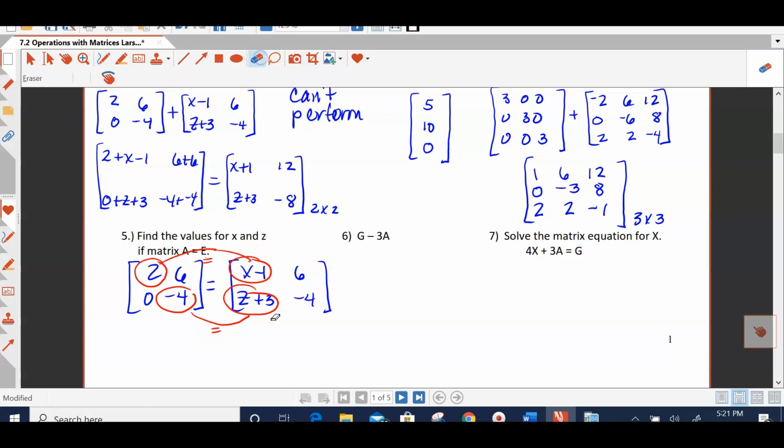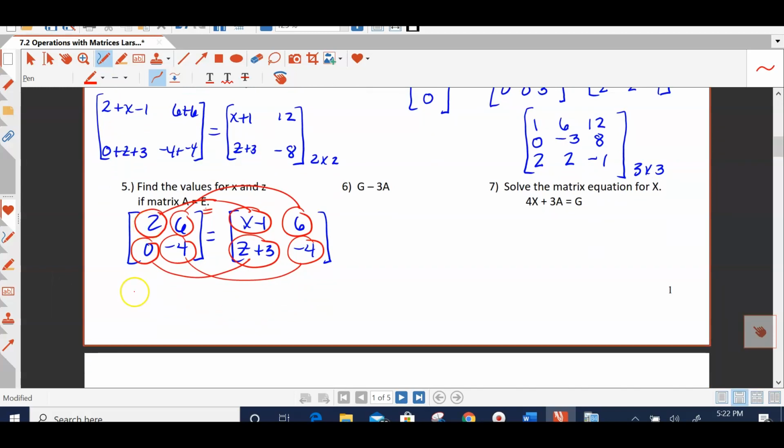Excuse me, all right, let's back up. 2 must be equal to x minus 1. 6 must be equal to 6. Got it. 0 must be equal to z plus 3, and negative 4 must be equal to negative 4. Got it. Okay, so notice the 6s are equal, the negative 4s are equal to each other.